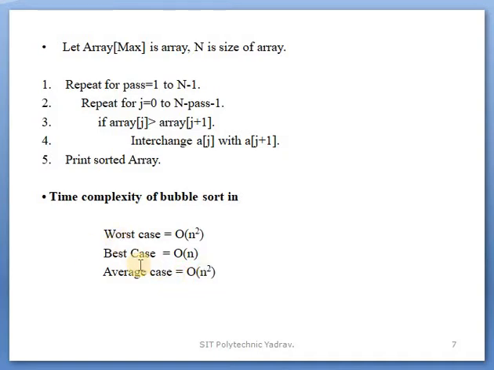N square is used because of repeated passes, which means every time you compare each element with the others. So worst case and average case are the same. Best case is big O of n because if your array is already sorted, there is no use for the sorting method. Only in that case is the best case big O of n, otherwise your time complexity is big O of n square.